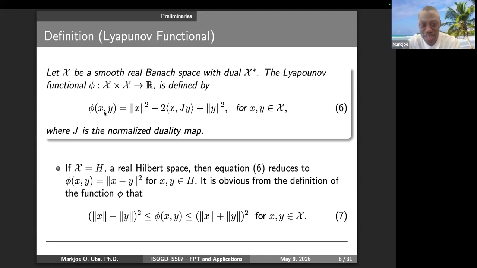Outside Hilbert space, it means this equation 6. From this definition, we see that this function is never going to be negative. It is not negative by the way it is defined, by property number 7. So it is bounded above and below by non-negative values.